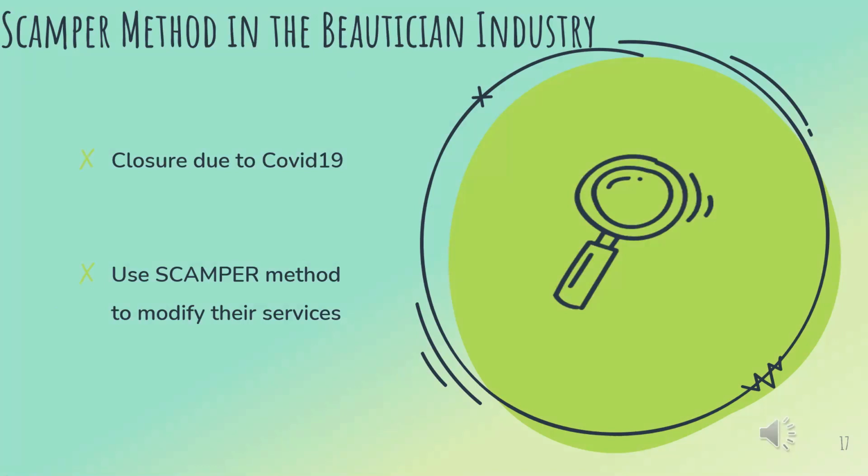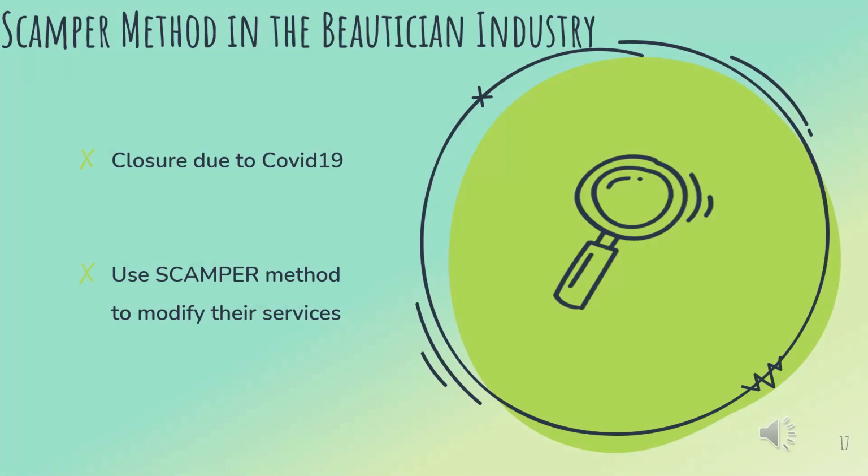I think the beautician industry in Ireland could use the Scamper method to adapt to COVID-19. Having been closed for several months, the industry could use the Scamper to analyse their services and use multiple elements of the framework to adapt. Firstly, they could modify their facial treatment to create at-home facial kits which their customers could purchase online and have delivered to their door.